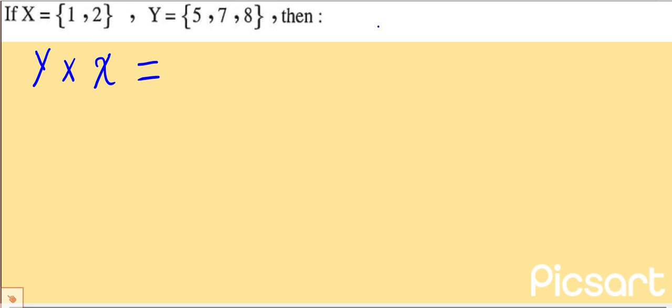Y and X. This is Y. Can you see this Y? Yes.